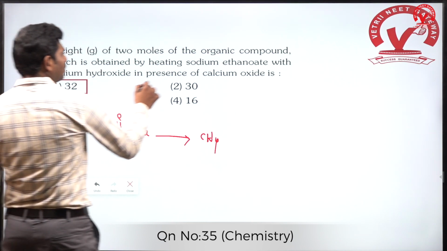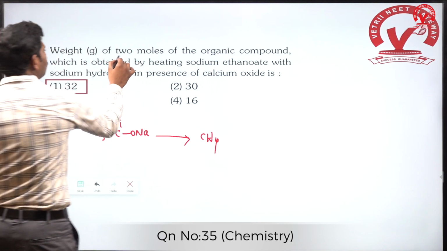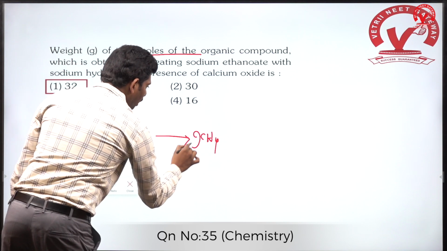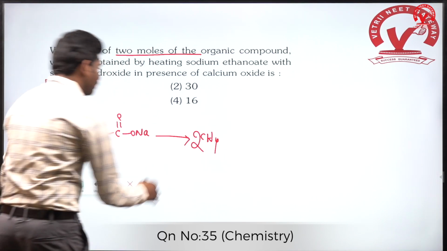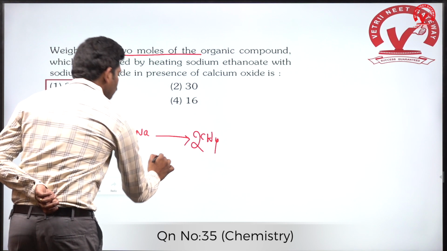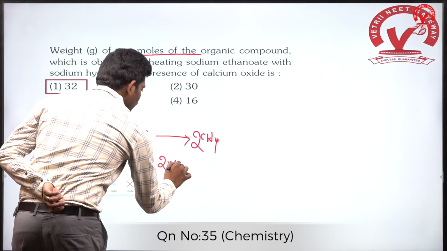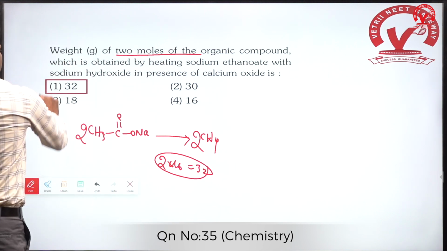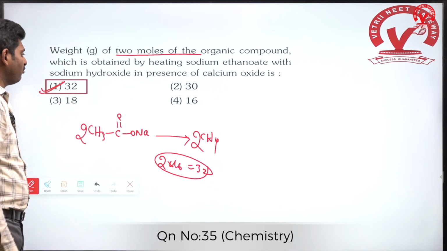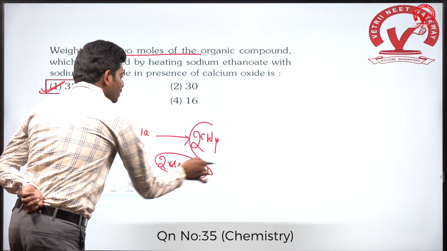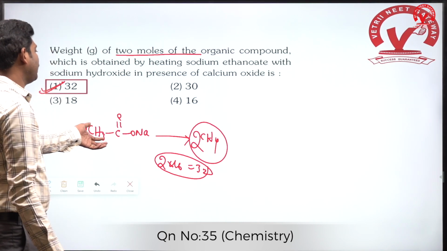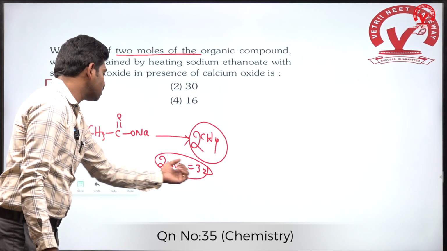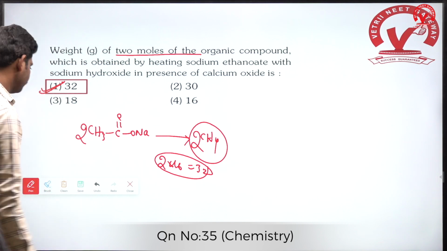Then what is given? The weight of 2 moles of the organic compound. If 1 mole is 16, 2 moles means 2 into 16, 32. Direct question, 2 into 16, 32 grams. For 1 mole of ethanoate, it will form 1 mole; for 2 moles, 2 moles. For 1 mole, weight is 16; for 2 moles, weight is 32.